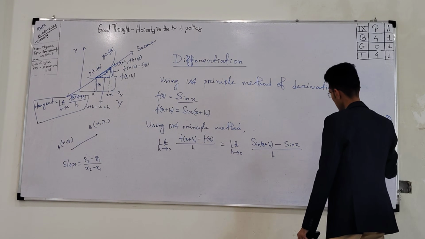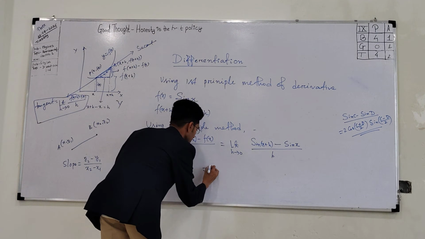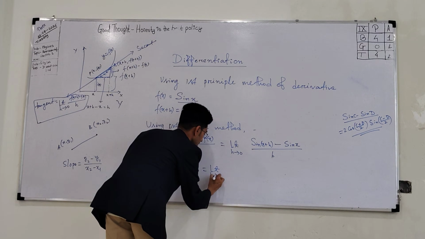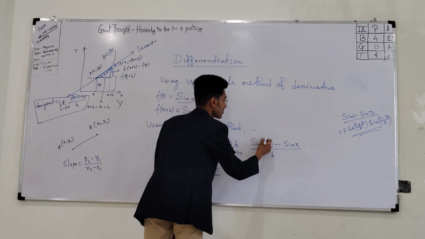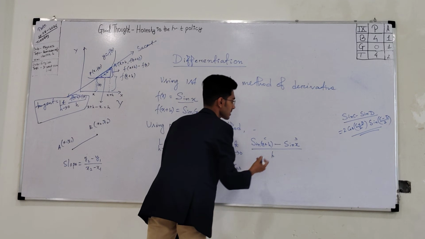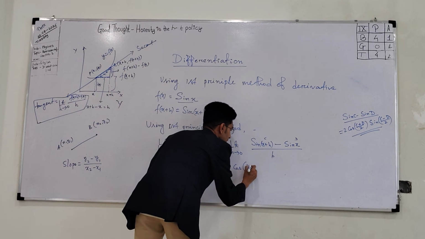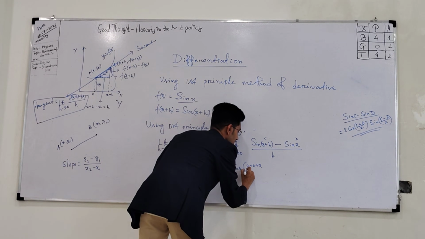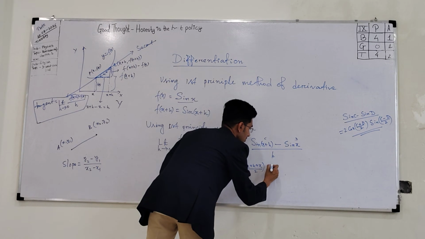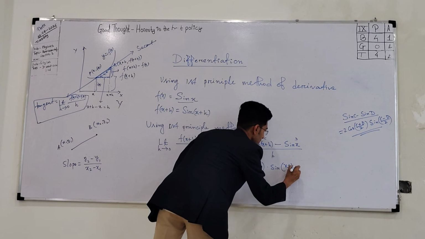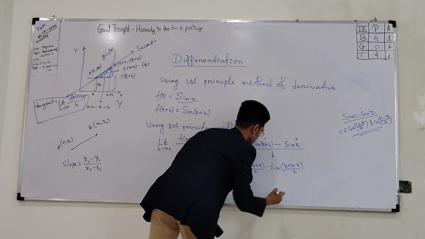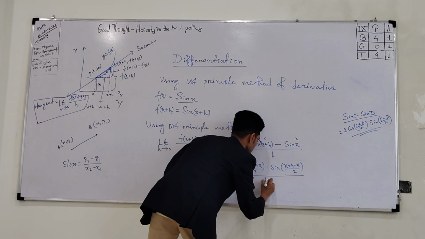If we apply that formula here, we get limit h tends to 0, 2 cos of x plus h plus x divided by 2 into sin of x plus h minus x divided by 2, divided by h.